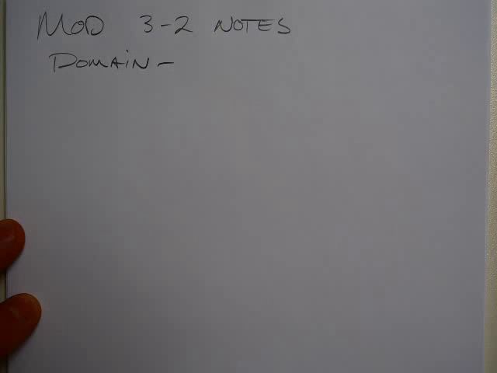The area. Yeah, I know what you're talking about with that. It's kind of like the turf, isn't it? Yeah. So the turf is left and right. That's your x values. It's the x values, yeah.